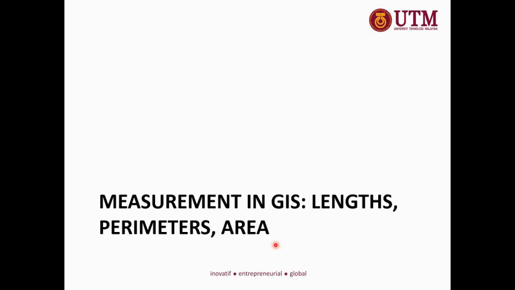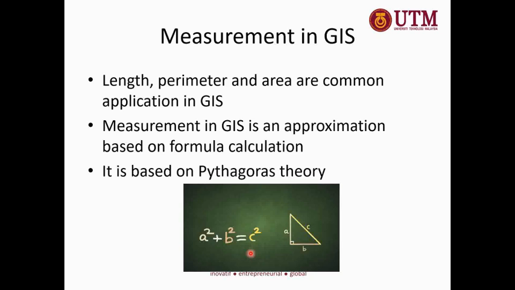We go to the first analysis in GIS, which is measurement. We will see how they do the three measurements, which are length, perimeter, and area in GIS. Basically, measurement in GIS is done using the Pythagorean theorem. That's the basic thing.